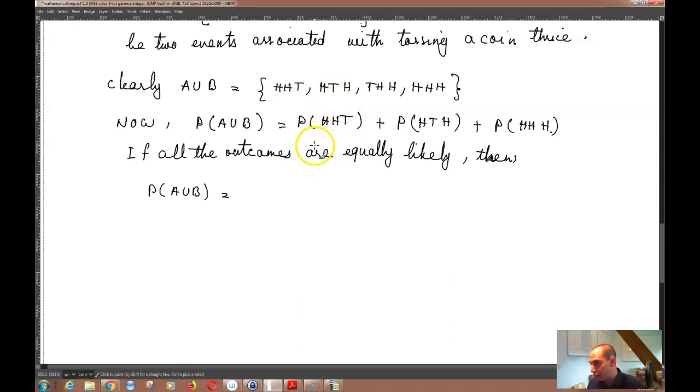So each of them would get a 1/8. So over here, P of A union B would be 1/8 plus 1/8 plus 1/8 plus 1/8, which is equal to 4/8, which is equal to 1/2.